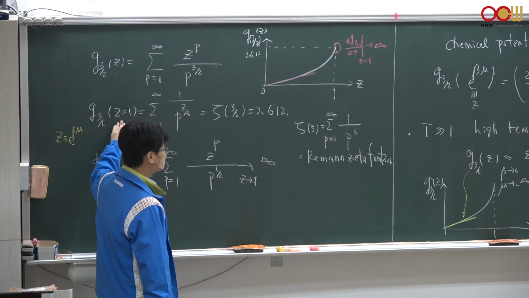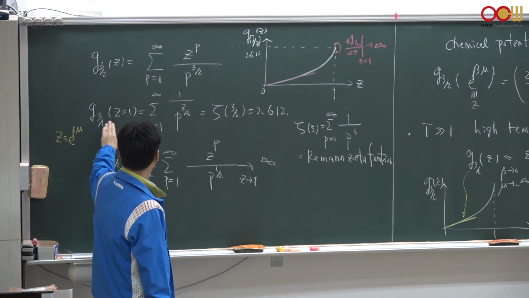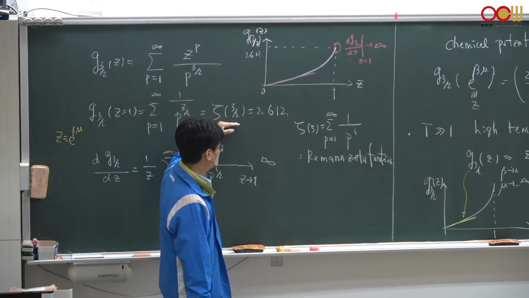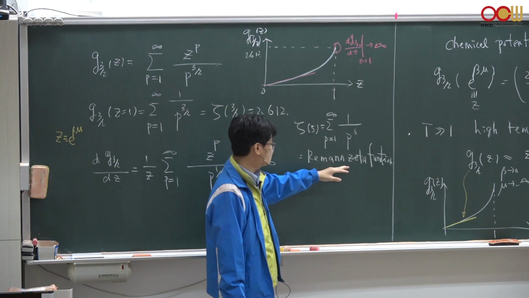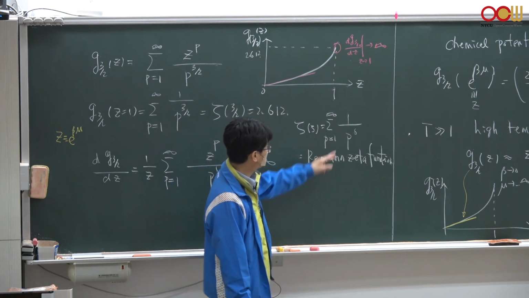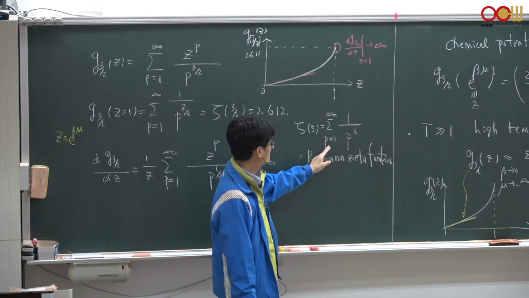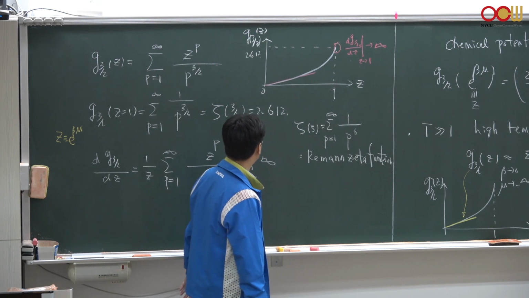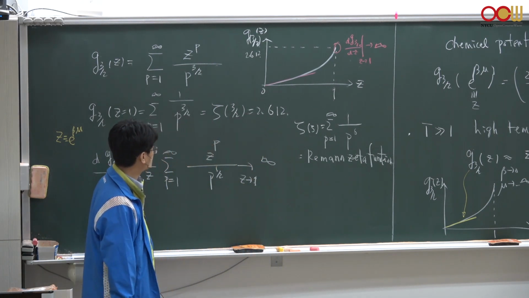At this boundary where z is 1, this g 3/2 function is nothing but a special function called the Riemann zeta function, which is defined by the summation over 1 over p to the power of s, where p ranges from 1 to infinity. So that's called the Riemann zeta function.